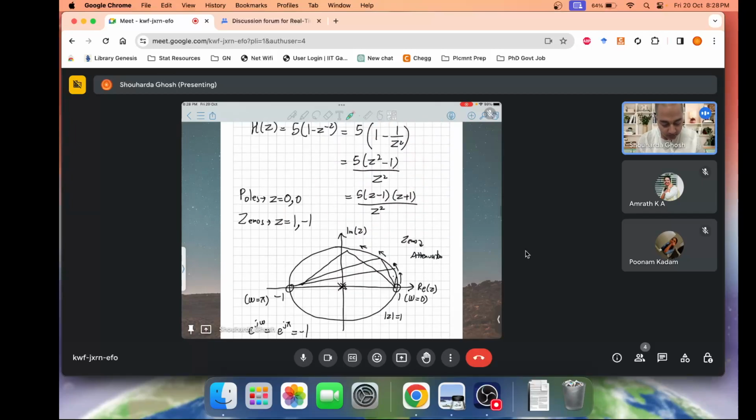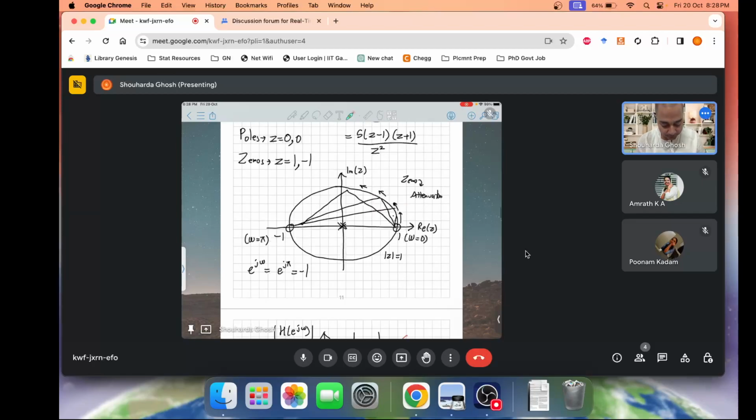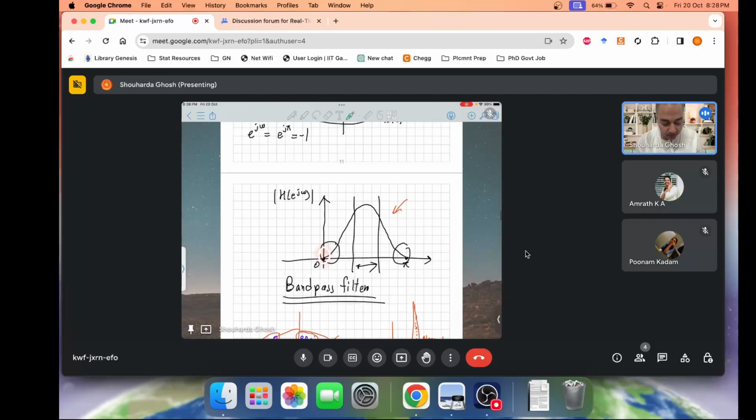There's a pole at 0, which won't harm you because it's the farthest away from the unit circle, and the zeros are at -1 and +1. A zero at -1 and +1 means you will have the dip at omega equal to 0 and omega equal to pi, the lowest frequency response amplitude, and as you move away you will have a peak. So it's like a band pass filter.